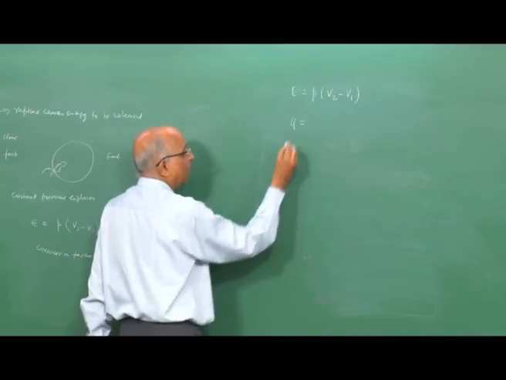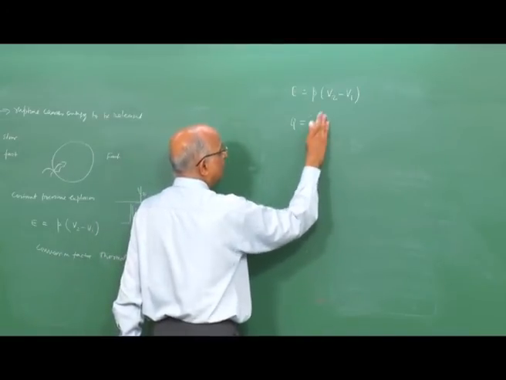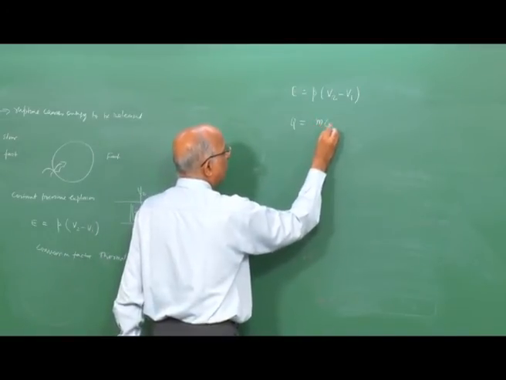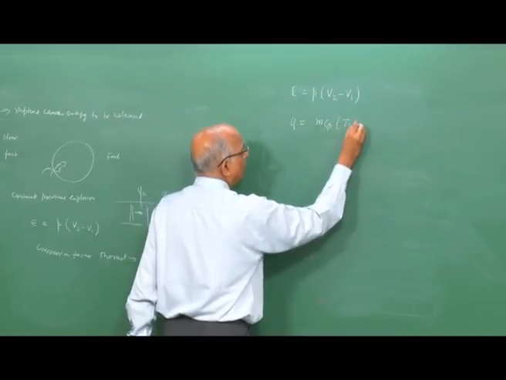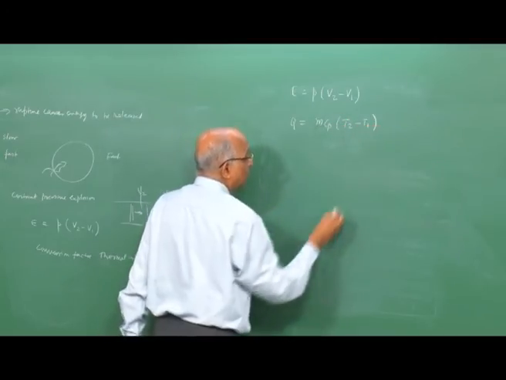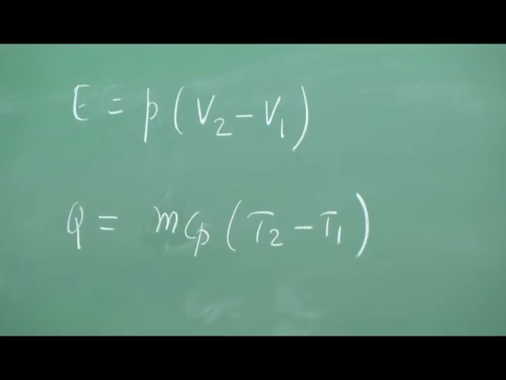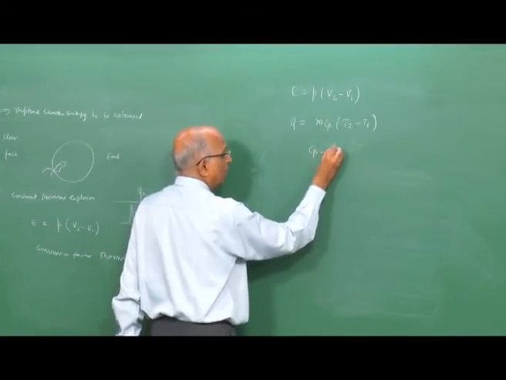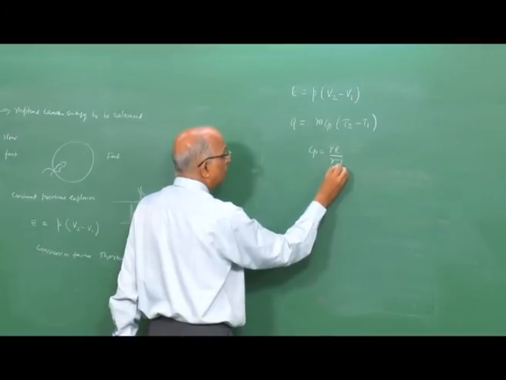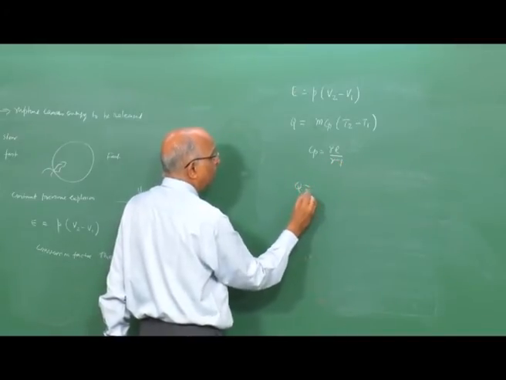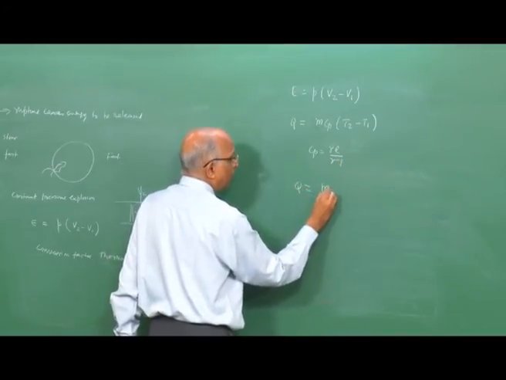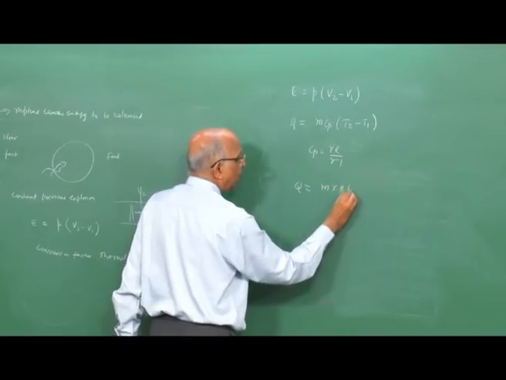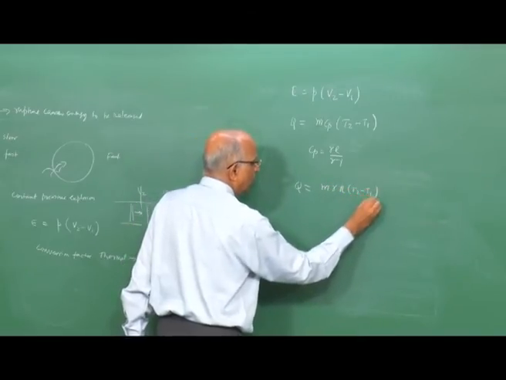The energy supplied is equal to m Cp into T2 minus T1, the final temperature minus the initial temperature. Since Cp minus Cv is R, Cp is equal to gamma R by gamma minus 1. Therefore, the heat supplied is equal to m gamma R into T2 minus T1 divided by gamma minus 1.